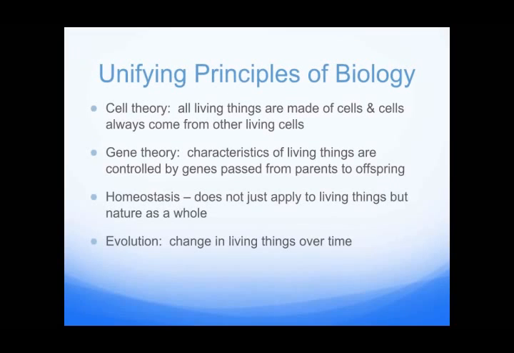The gene theory is that the characteristics of all living things are controlled by the genes within our cells, and they are passed from parent to offspring. We already talked about homeostasis. It does not just apply to living things, but as nature as a whole tries to maintain a homeostasis environment. And evolution is just how living organisms change over very long periods of time.